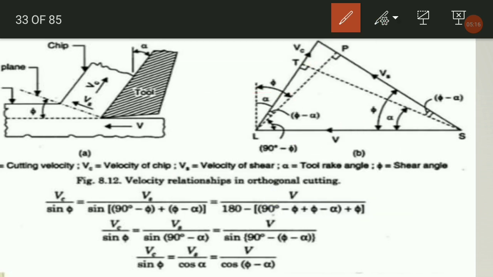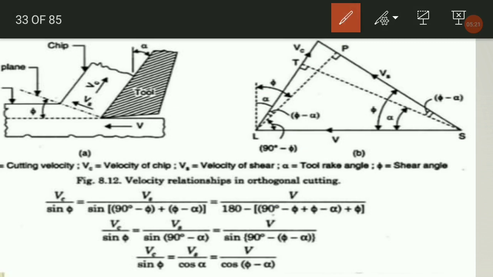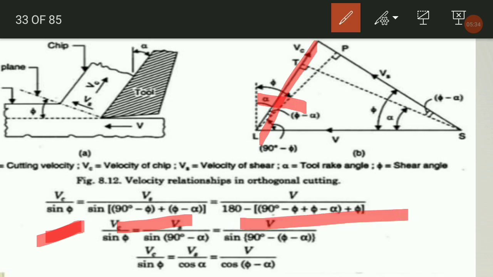Now from this particular triangle, considering the geometry, you will find VC by sin phi, you can easily write as VS by sin of 90 minus phi plus phi minus alpha, equal to V by sin of 180 minus 90 minus phi plus phi minus alpha plus phi.